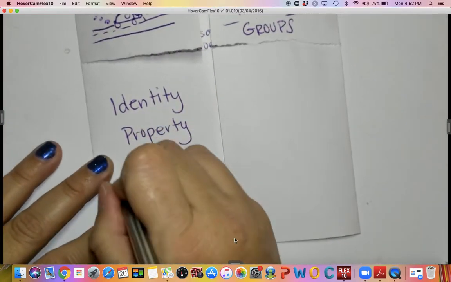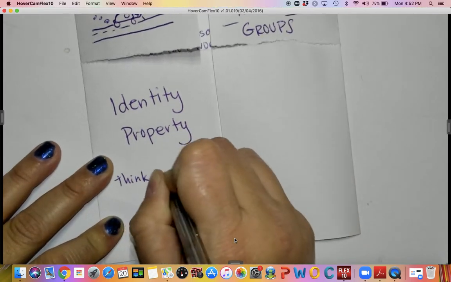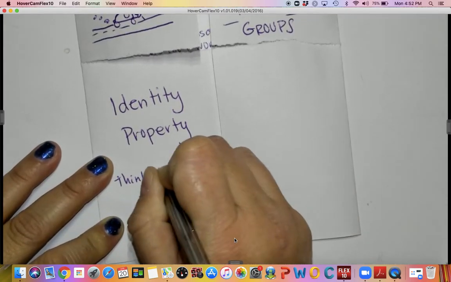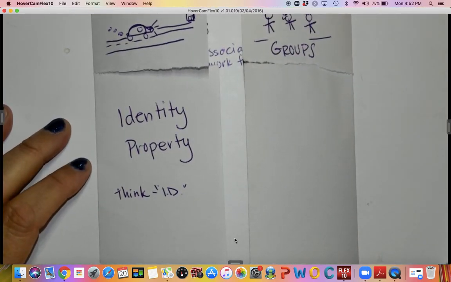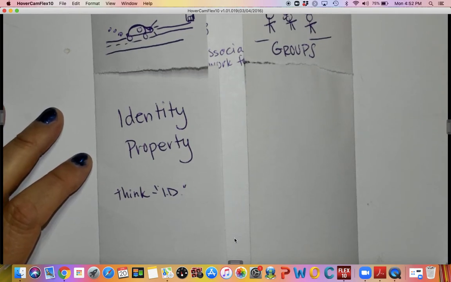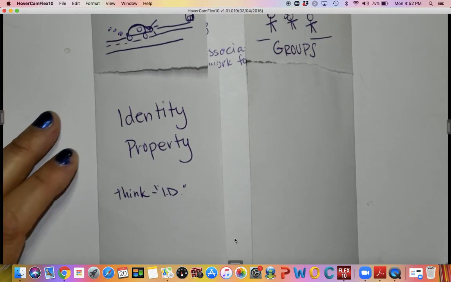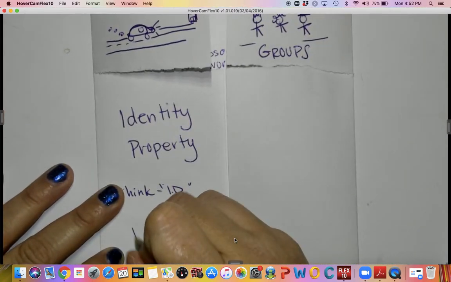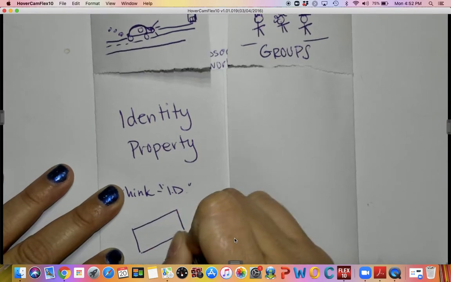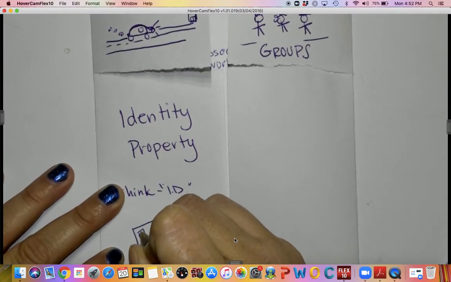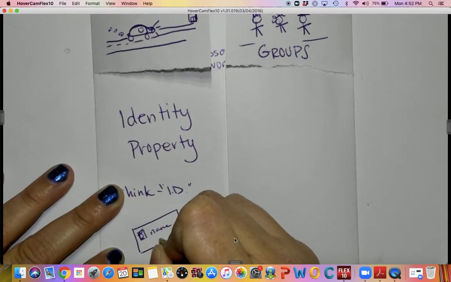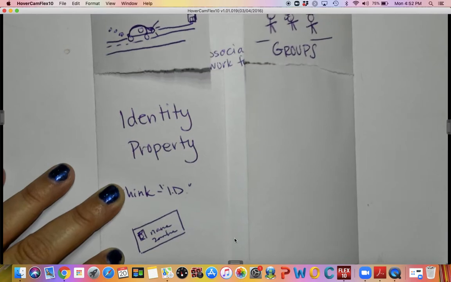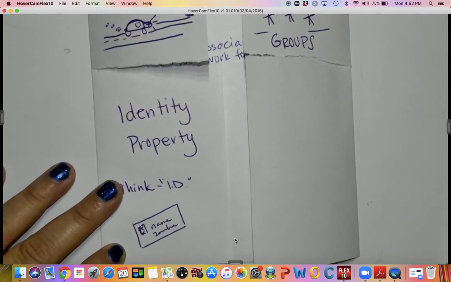For this one, you need to think ID, like your ID card that will be sitting in my drawer at school, and hopefully I'll be able to give it to you someday. So I'm going to draw a little picture of your ID card from Zenker. Okay, there's my little ID card from Zenker.